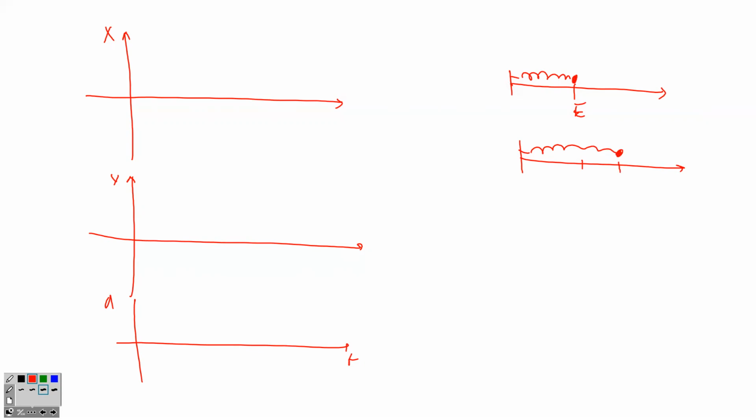It's important. This is 0, this is amplitude, and we release from rest. Initial velocity is 0. So x initial is equal to the amplitude. And of course it goes to the equilibrium, passes the equilibrium to the negative amplitude, stops there, and goes back to equilibrium, and this is one period.